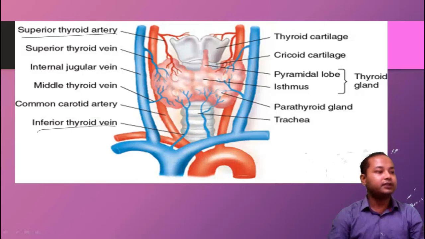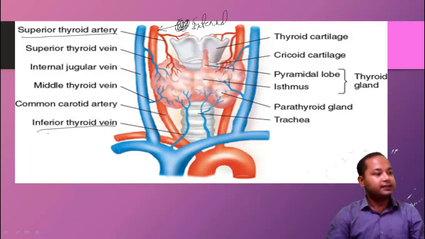Two things are important here. The superior thyroid artery is a direct branch of the external carotid artery. Sorry, this is not the internal carotid artery, it is the external carotid artery, arising from the common carotid artery. The superior thyroid artery supplies the thyroid from the superior pole.